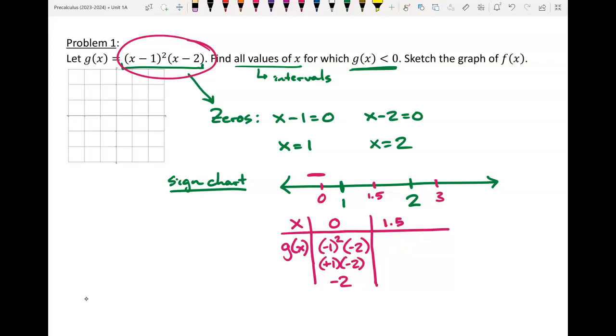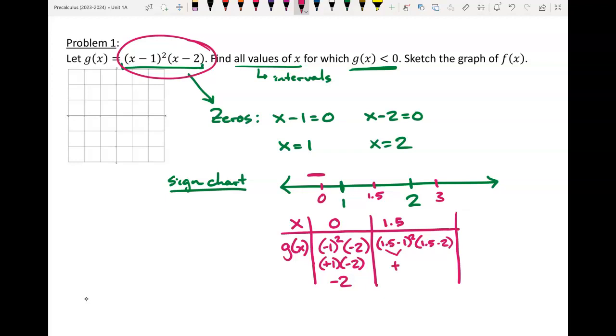Let's actually go ahead and write that so we can see a little bit better. (1.5 minus 1) squared and (1.5 minus 2). And we could also use our calculator to help us with this if we would like. But again, we don't really care what the value is, we more care about what the sign is. If we look at this, is this going to be positive or negative?